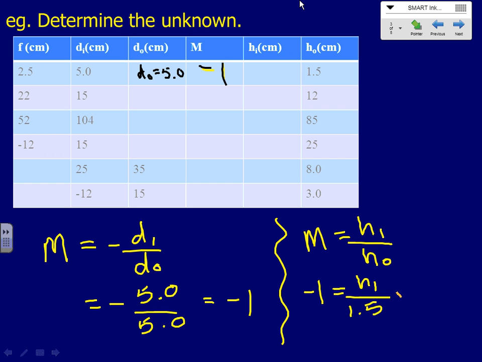I'm simply going to multiply both sides by 1.5. Everybody's okay with that mathematical action? Which means those cancel out and HI is equal to -1.5 centimeters, which is what we would expect. It's completely upside down on the same size.